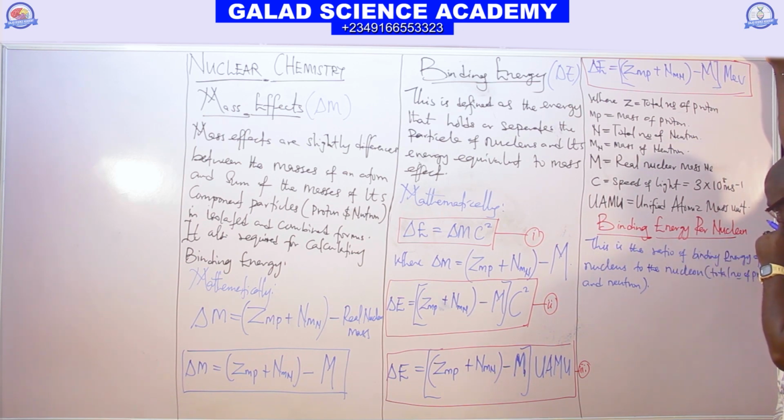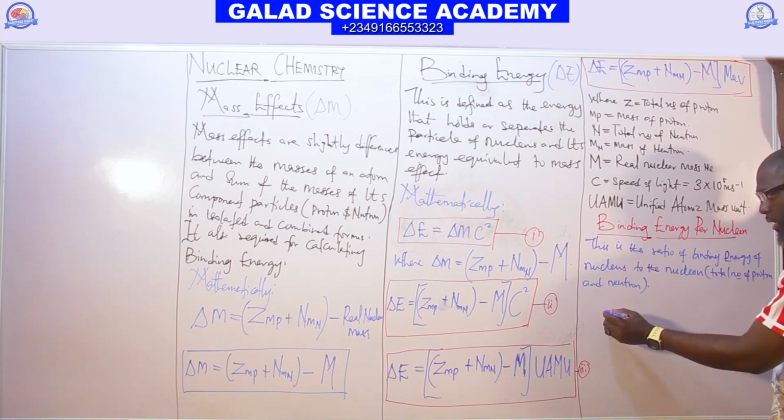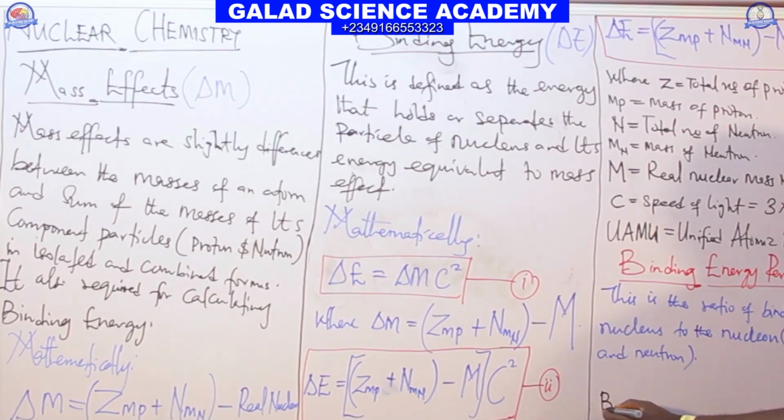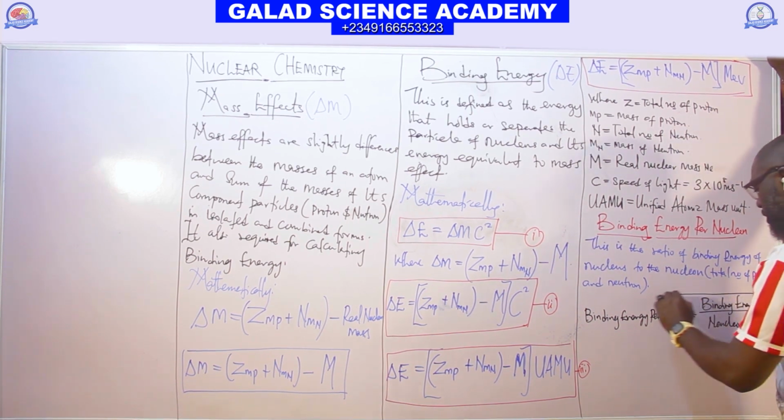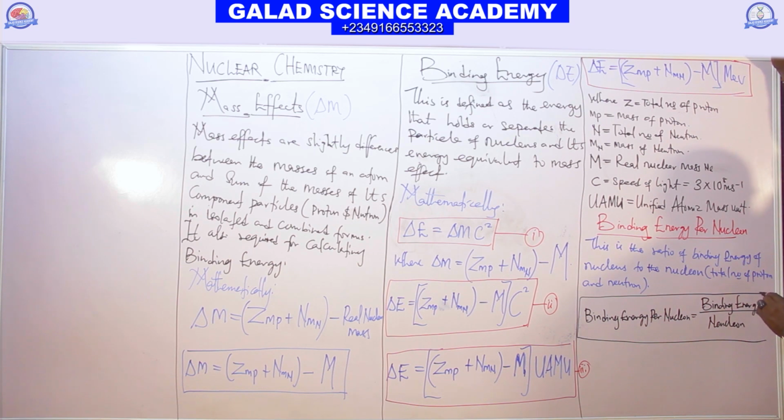So mathematically, the binding energy per nucleon will be binding energy over nucleon, which is the total number of proton and neutron.